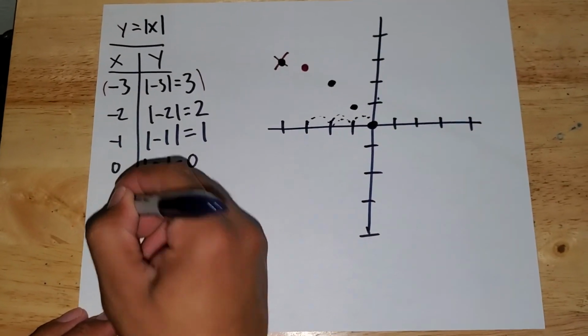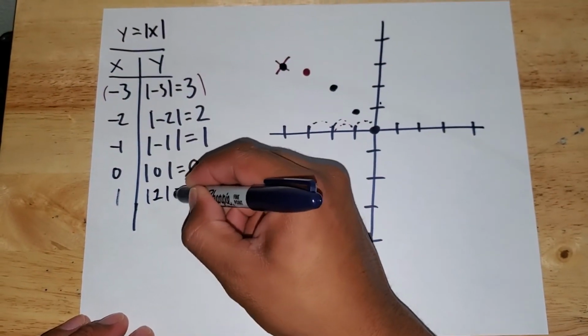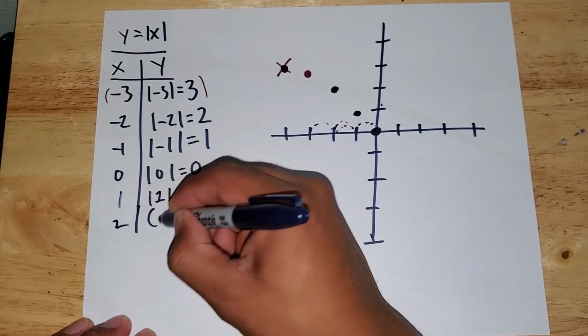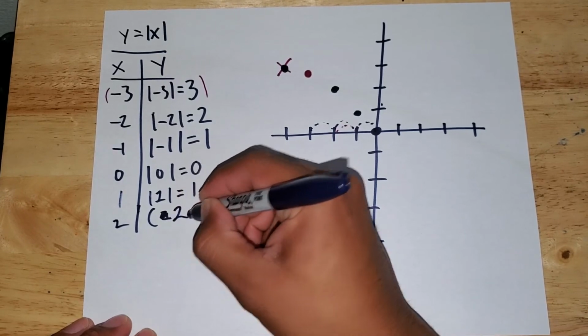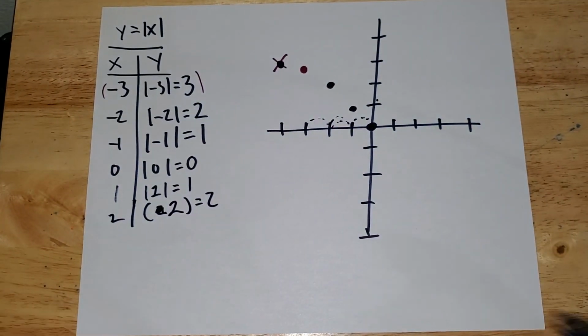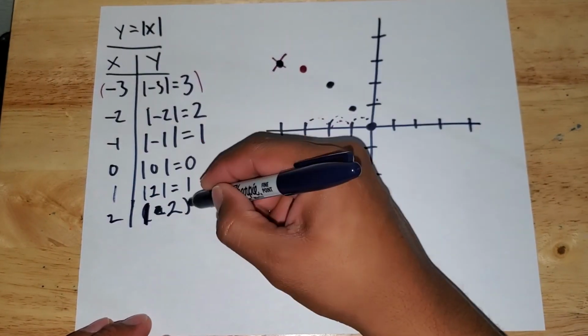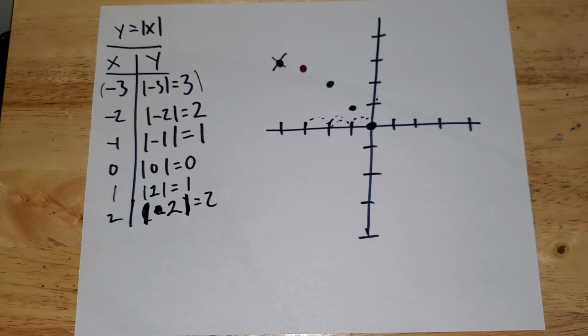If I use 1, oops, sorry about that. The absolute value of 1 is still 1. Absolute value of 2 is still 2. So, again, oops, not parentheses, absolute value. We know that absolute value just converts everything into a positive.